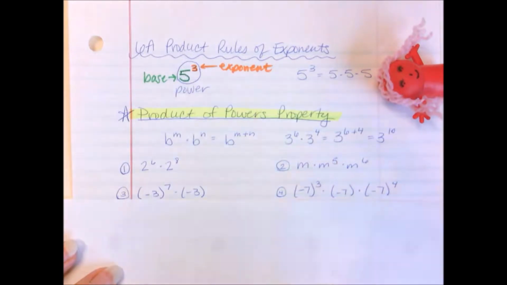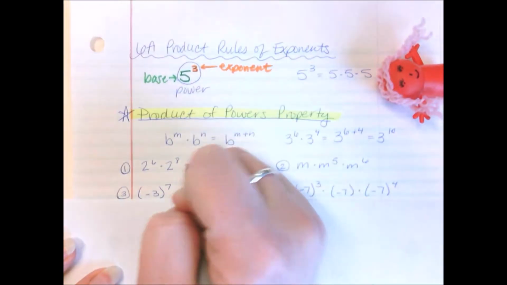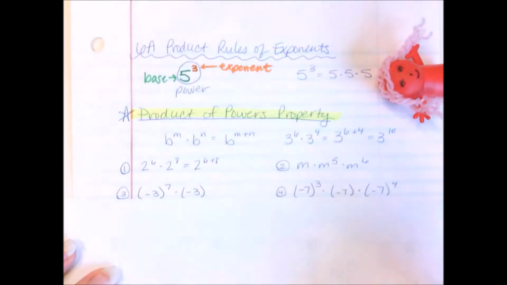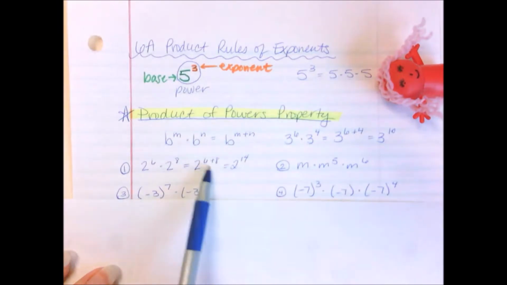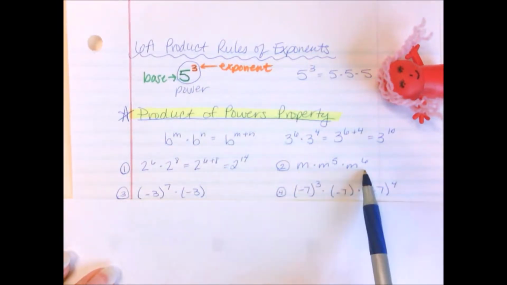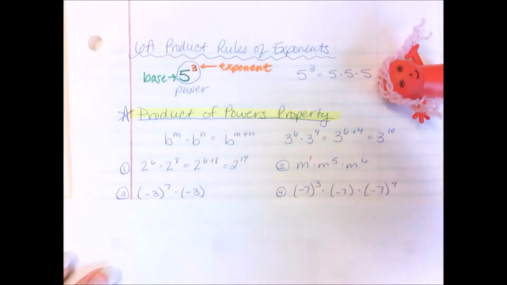When we do some example problems, 2 to the 6th times 2 to the 8th will equal 2 to the 6th plus 8, or 2 to the 14th. As you get more familiar with these, you will probably start to skip this middle step, which is fine. Over here in my m's, this first variable, since it doesn't have a given exponent, we assume that it has an exponent of 1.